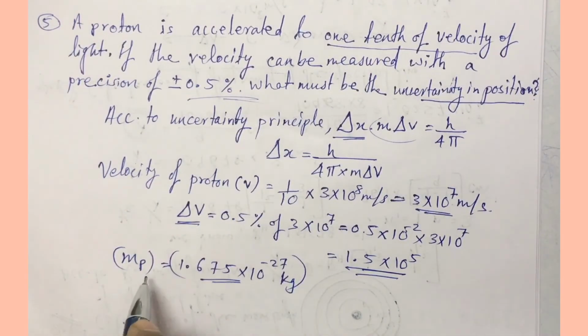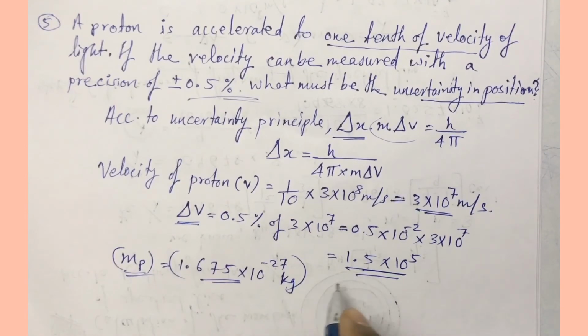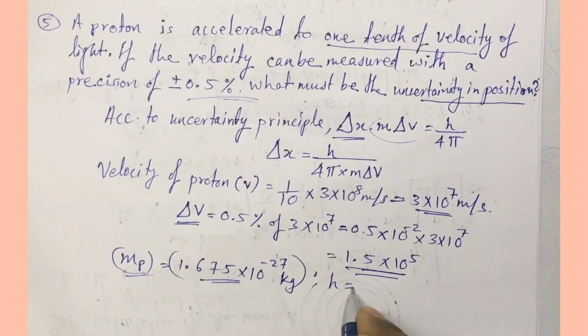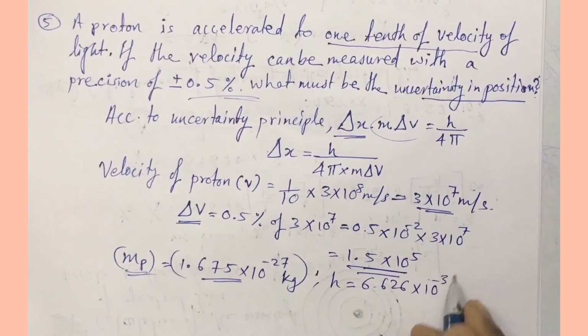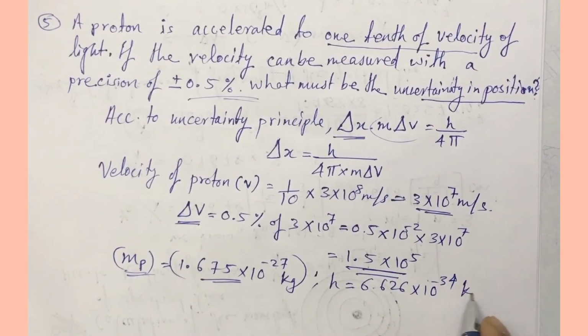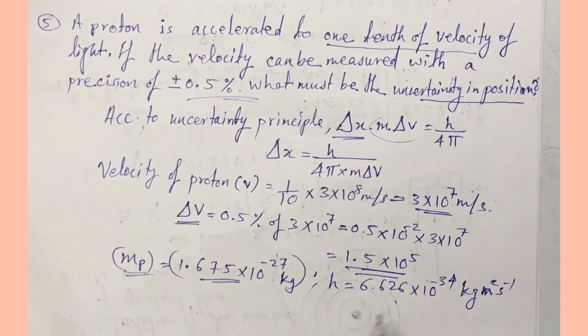Mass of proton, mp, is equal to 1.675 into 10 raised to minus 27 kg, and we also know that Planck's constant h is equal to 6.626 into 10 raised to minus 34 kilogram meter square second inverse. These values you must learn by heart, because this makes it easy for you to calculate.